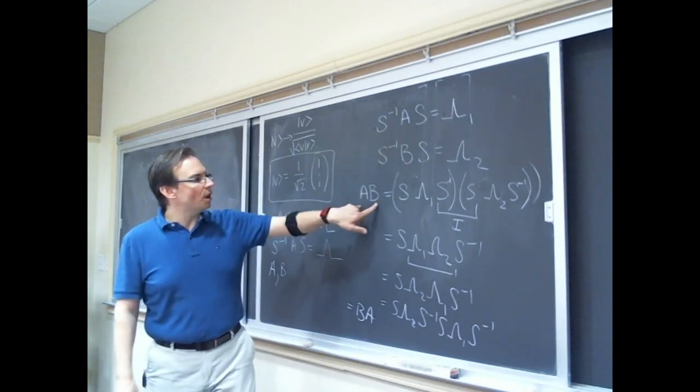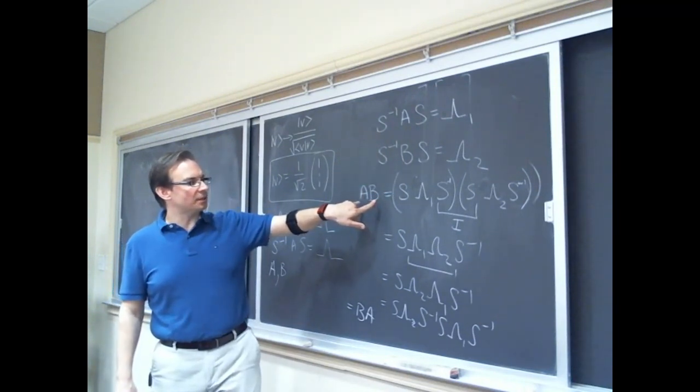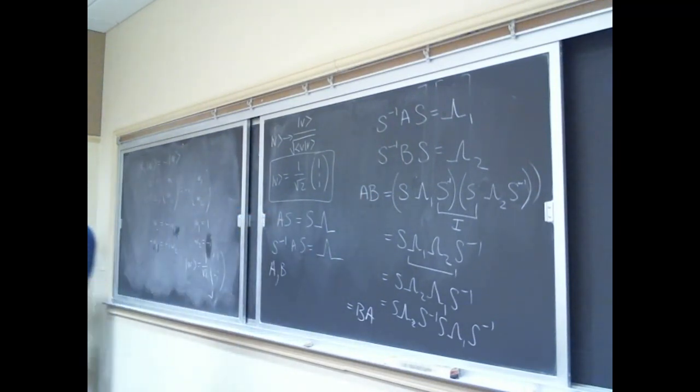And so the minute you know that you have two operators that commute, you know something very powerful physically about the system. You know that these two operators, which in quantum mechanics may represent two different measurements, share a common eigenbasis that describes them both. And so you are able to write down a single set of vectors that diagonalizes both matrices and describes the whole system and all the measurements you can make with those two operators.